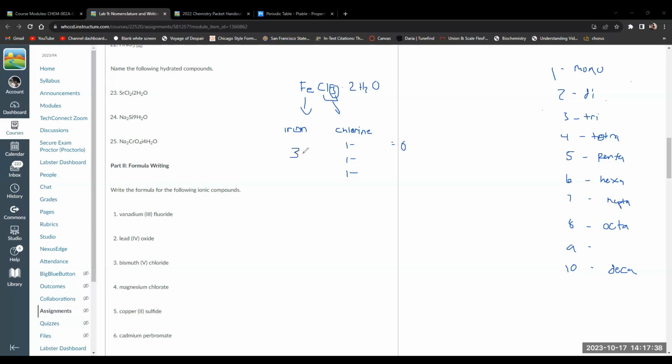So it'll be a 3 positive. So let's name this. Iron 3, again, Roman numeral, transitional metal, and it's the charge, not how many, chloride.